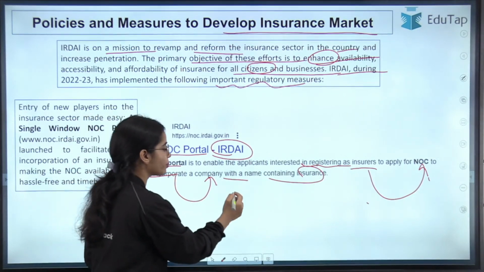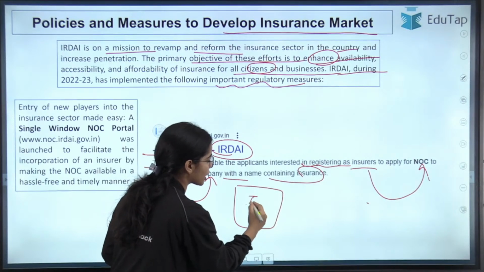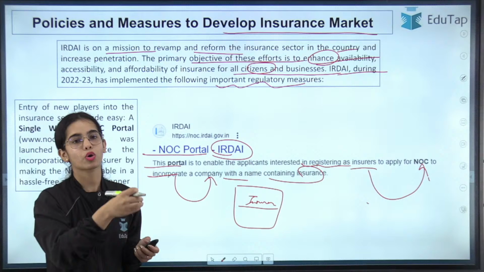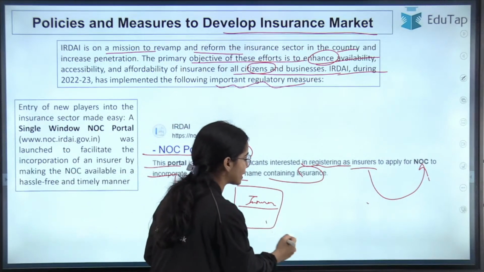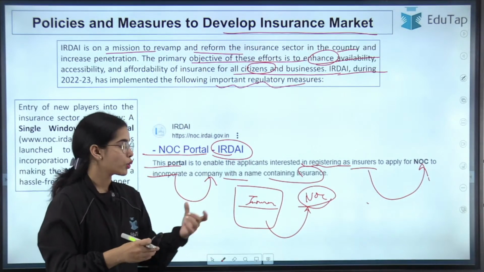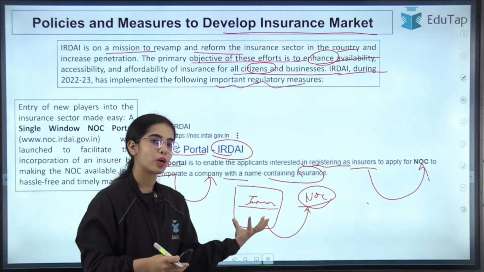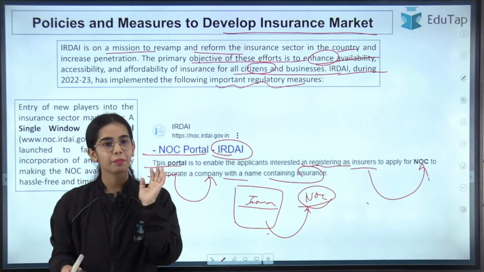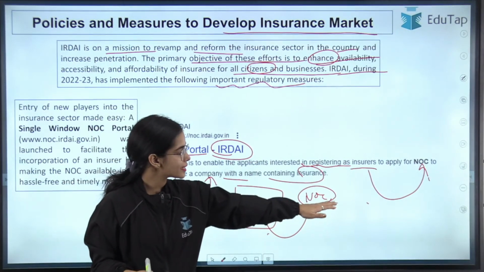So if you want to become an insurance company, if you want to become an insurer, if you want to undertake insurance operations or the insurance business, you have to take the no objection certificate to open your company as an insurance entity, and you will be allowed to use insurance in your company's name. So for that, you have to take this NOC certificate.